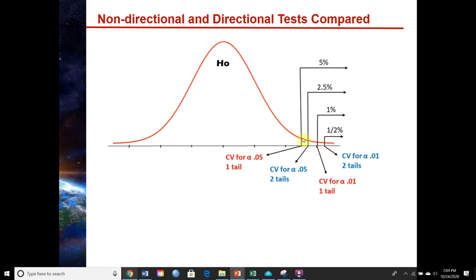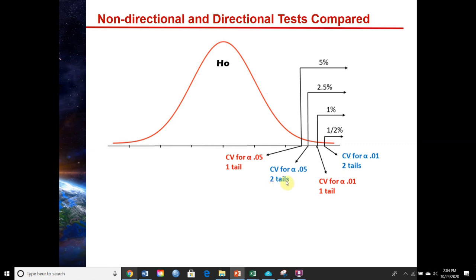And let's just guesstimate that this is 5% of the distribution. All right, well, if that's the case, because we're putting it all in one tail, this would be your critical value, right? Whatever this number is right here, that's the critical value using an alpha 0.05 and a one-tailed test.